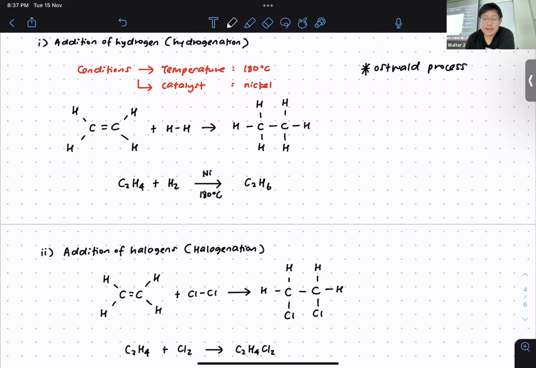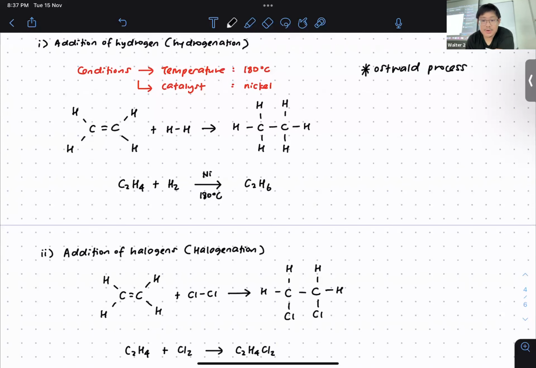One is the Haber process, manufacturing of ammonia. Then you have the contact process, which is the manufacturing of sulfuric acid. And there's one more called the Oswald process, which is the manufacturing of nitric acid. So there are three important industrial processes that you must remember.